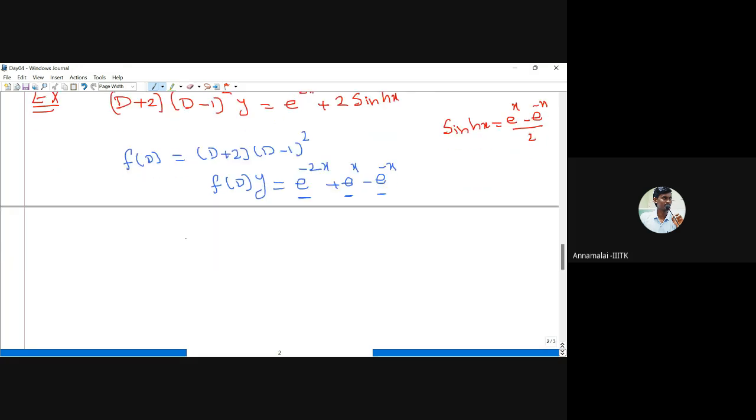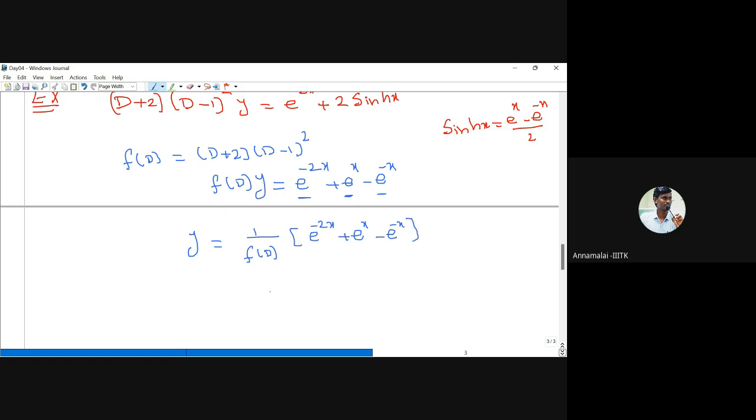Otherwise, simply we can take the particular solution y equal to 1 by f of D times e power minus 2x plus e power x minus e power minus x. Now you can operate this 1 by f of D on each term: 1 by f of D into e power minus 2x, plus 1 by f of D e power x, minus 1 by f of D e power minus x. In the first term you have to substitute D equal to minus 2. What is f of D? This one.